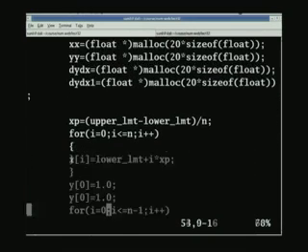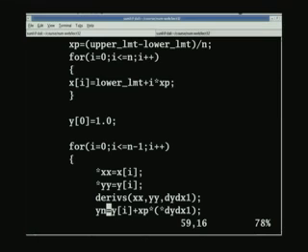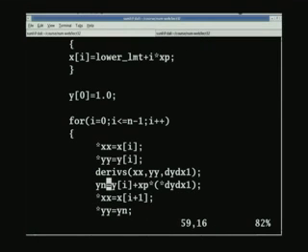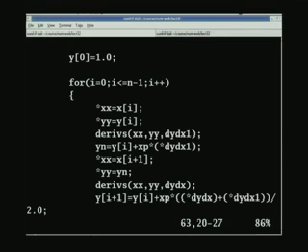It writes the solution as y of I plus 1 equal to y of I plus the interval times dy dx, that is the derivative evaluated at xn, yn, and the derivative evaluated at xn plus h and yn plus f into h. So that's what we will see here.